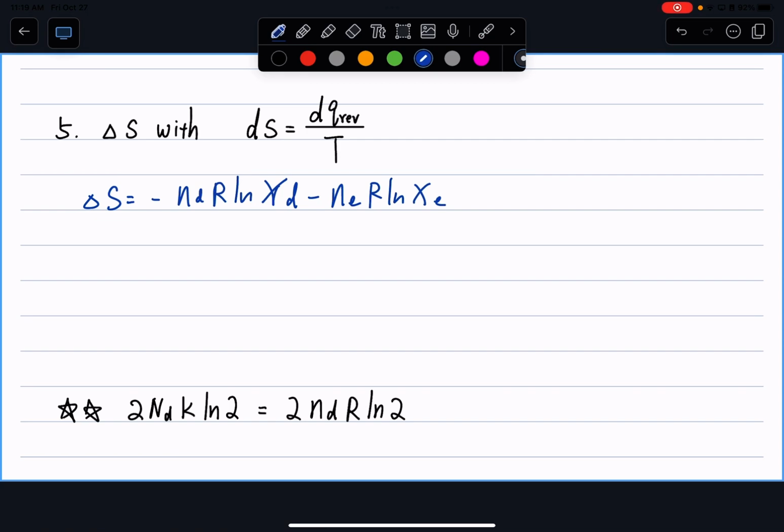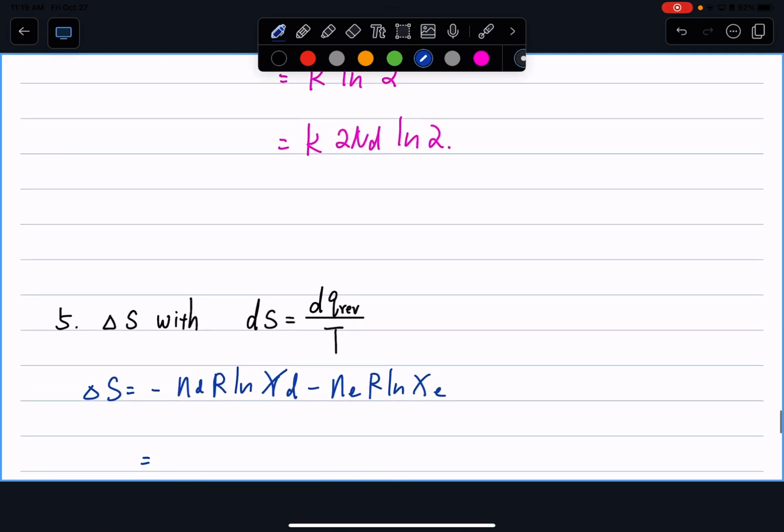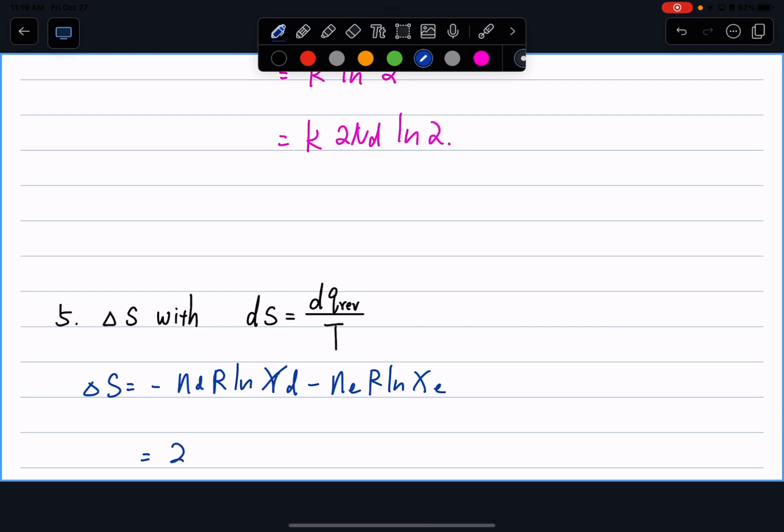Now, this delta S that's solved using dS equals dq_rev over T must equal what we solved using the probability theory, right? So that's 2N k ln 2.